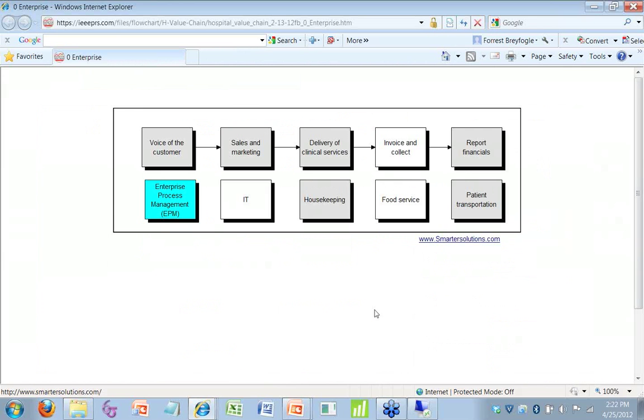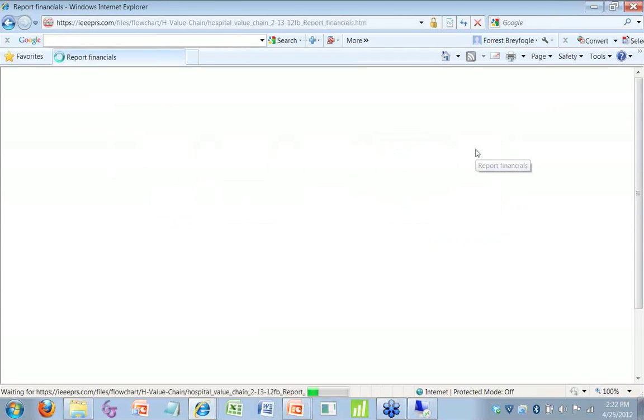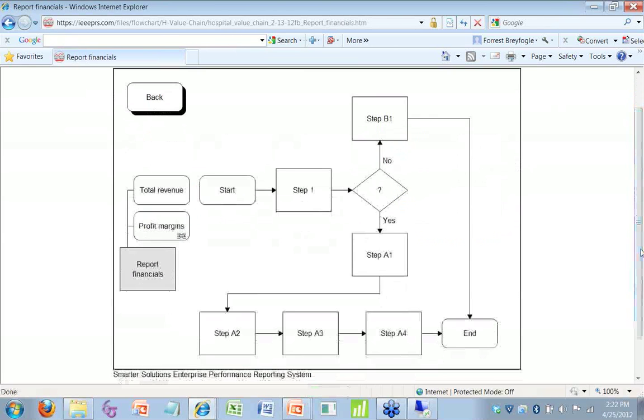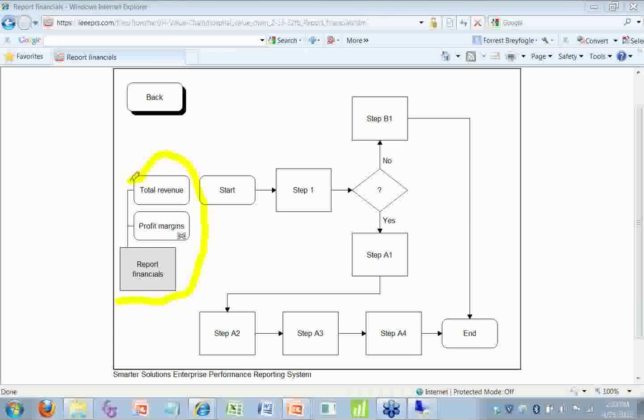So what I'd like to do now is click on this, and then I'm describing the financials. So if you look over in this side here, we can click on this box to describe the procedures for reporting financials.